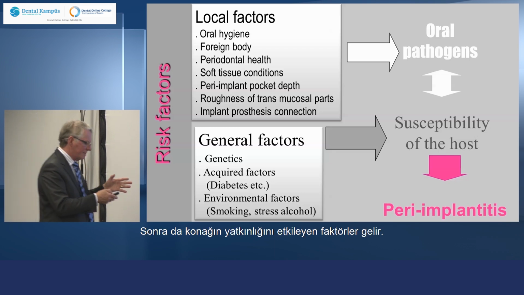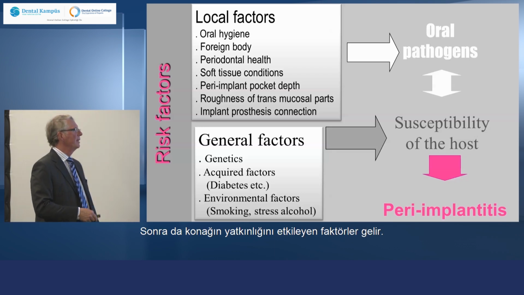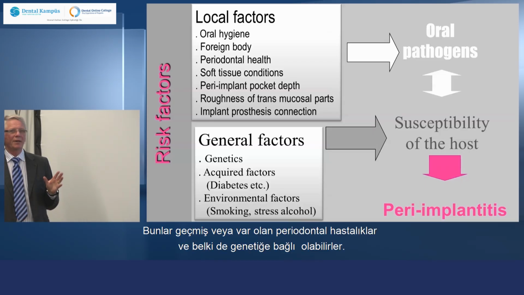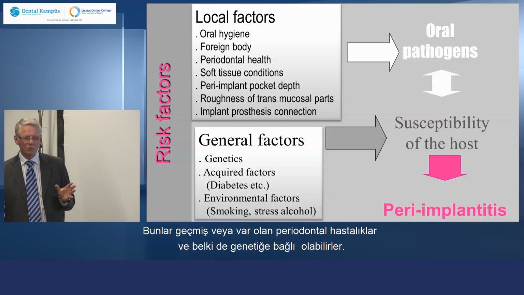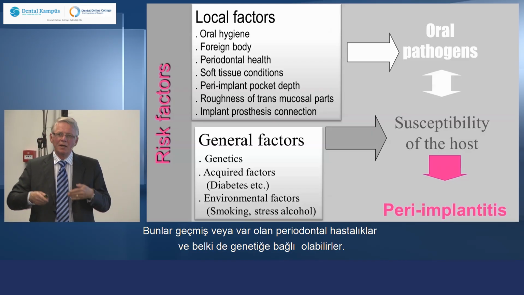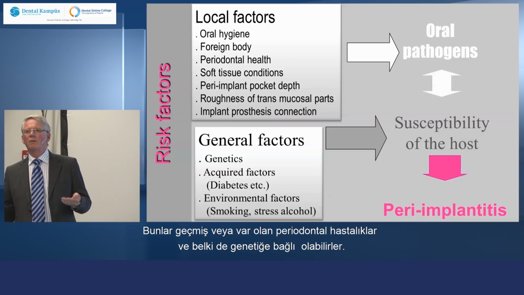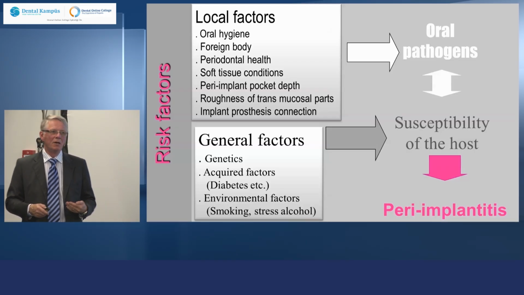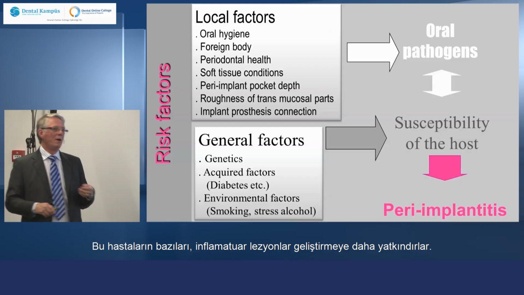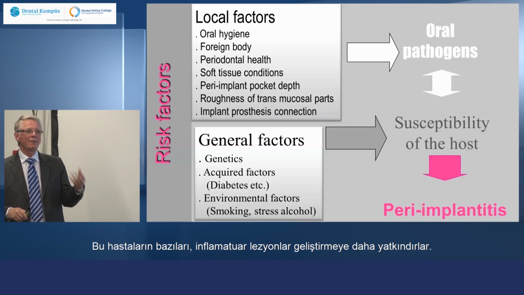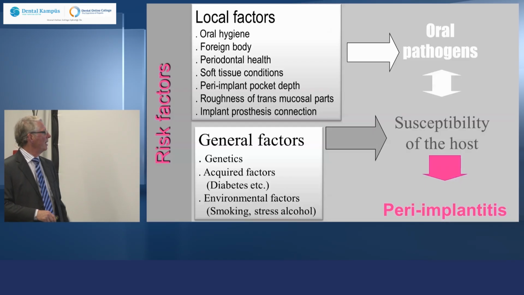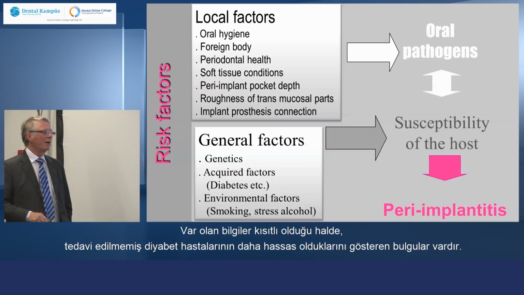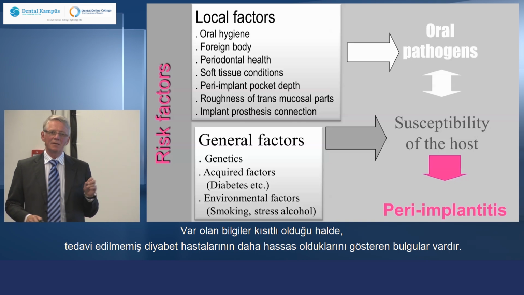Then we have things that will affect the susceptibility of the host. Things that could affect the susceptibility of the host are things like previous presence of periodontal disease, and this may be linked to the genetics of the patients. Some of them are more prone to develop inflammatory lesions. We have some acquired factors, although there are limited data available.